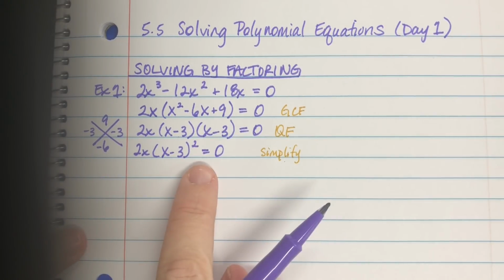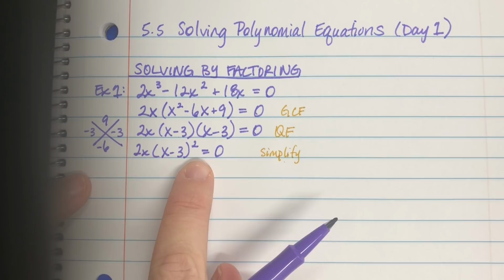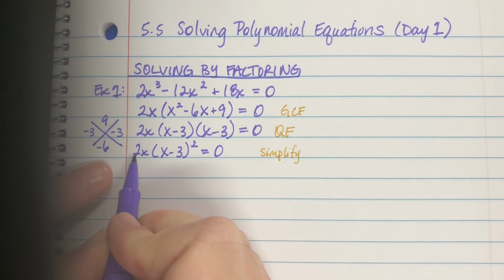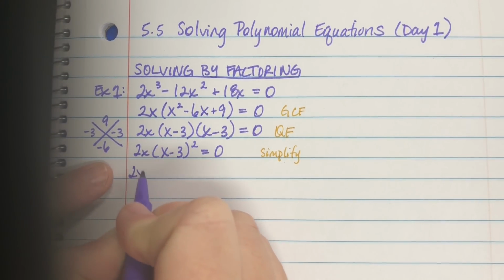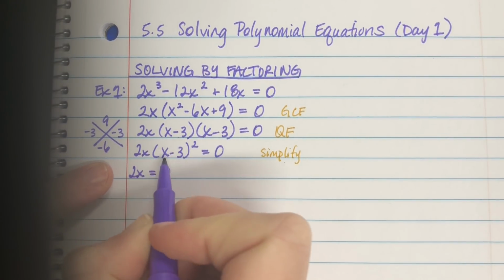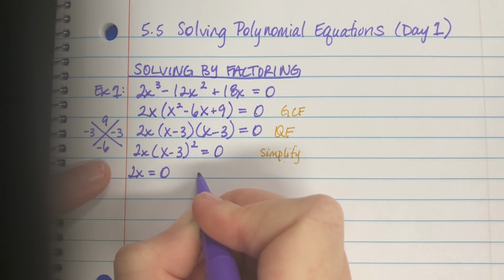All right, this is what we did last class. Today we are solving. So what we have here are factors. We need to actually solve that. In order to do it, we're going to take each factor and set them equal to 0. So I'm going to take my 2x and put it equal to 0, as well as my x minus 3 and put that equal to 0.